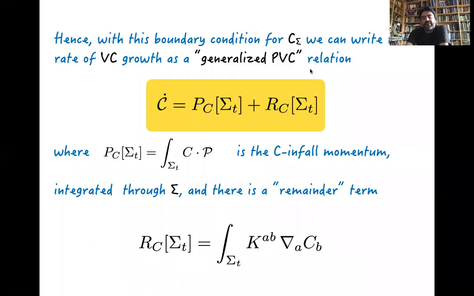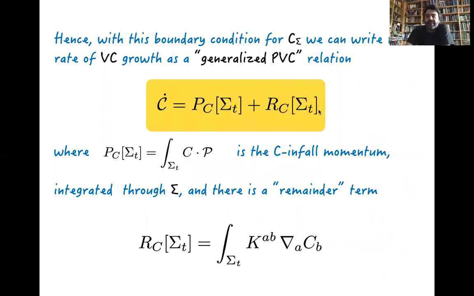Now we have a sort of generalized PVC relation. We integrated the momentum constraint, and I got this right under these assumptions. C dot is equal to some momentum, which is just this integral of the flux of momentum against this infall C field. I only determined the form of the C field asymptotically: it's inward pointing, radial, and has a precise modulus.